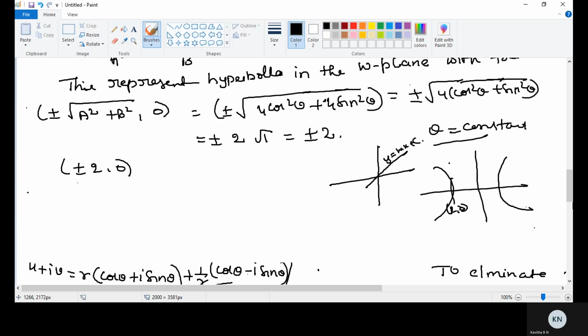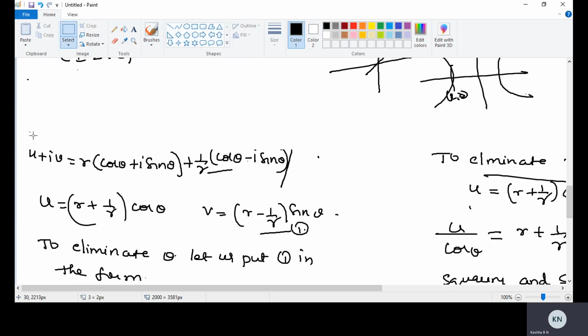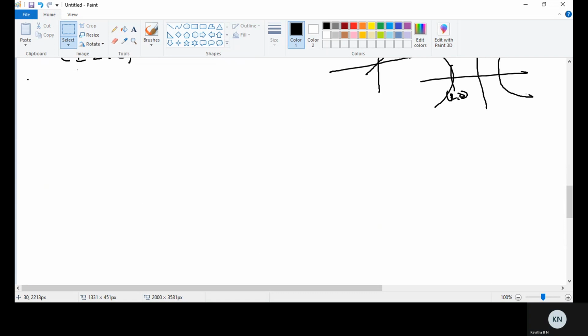Then the last point, we have to draw the diagram. Diagram also carries marks. Hence we conclude that a straight line passing through the origin in the z plane maps onto a hyperbola in the W plane.